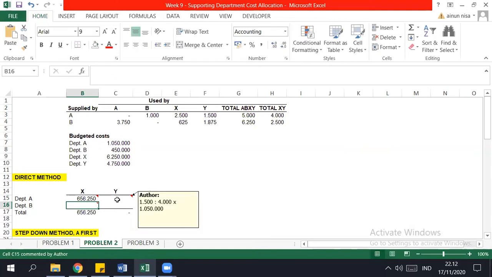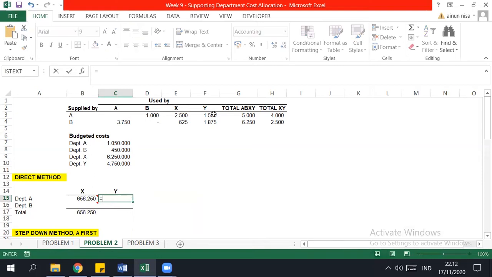And for Department Y, it is the total usage of Department Y divided by the total usage of Departments X and Y, which is 4,000, and then multiplied by the total cost of Department A, which is 1,050,000.